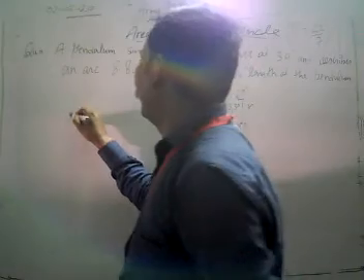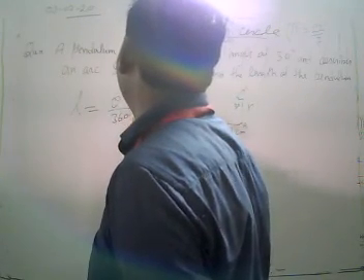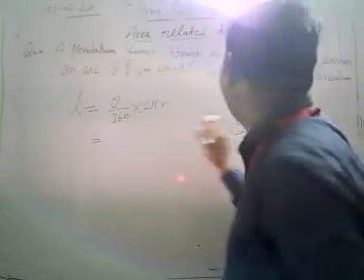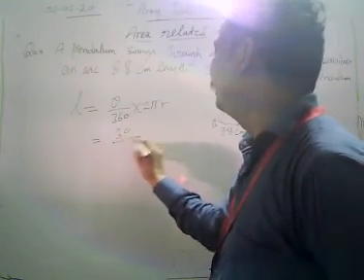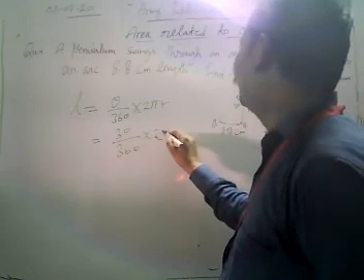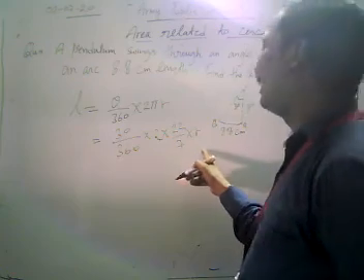Now L is equal to what? Theta upon 360 into 2 pi r. We have angle theta as 30 degree. So 30 upon 360 into 2 pi r, and we take pi as 22 by 7, and we have to find out radius r there.